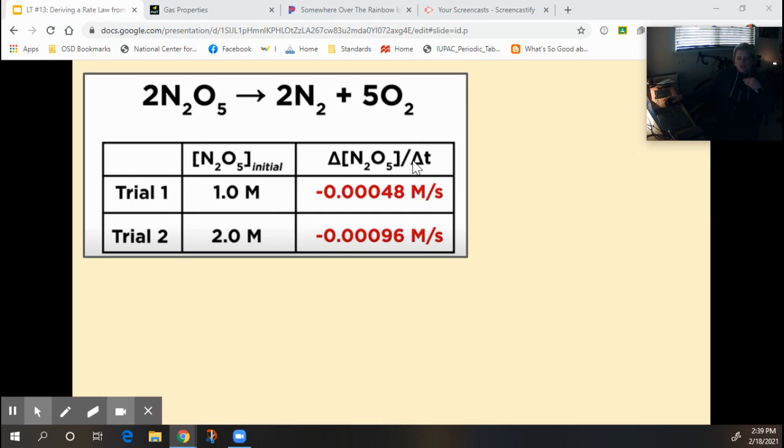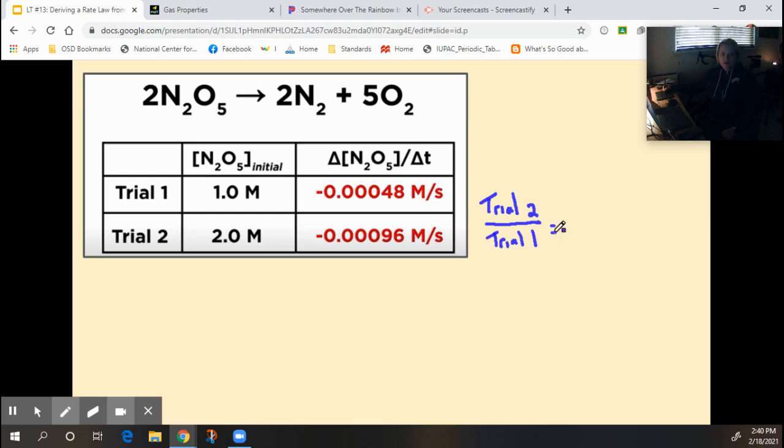So I can intuitively think that this is a first order reaction because doubling the concentration will double the rate of reaction. But let me show you how to put this mathematically. Okay, so what I'm going to do here is make a ratio. I'm going to make a ratio of trial 2 to trial 1.